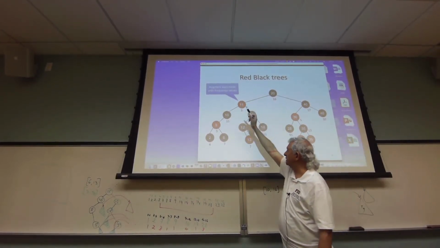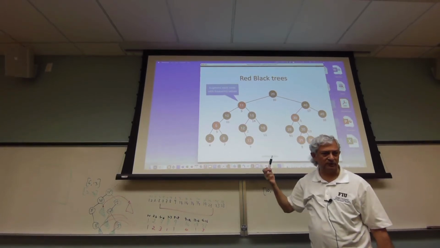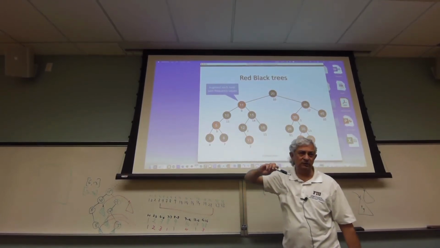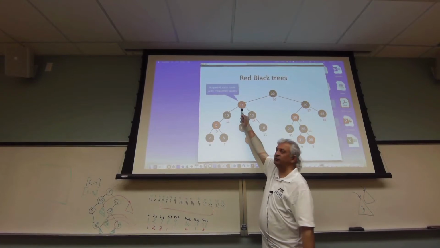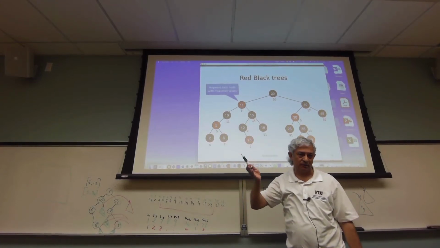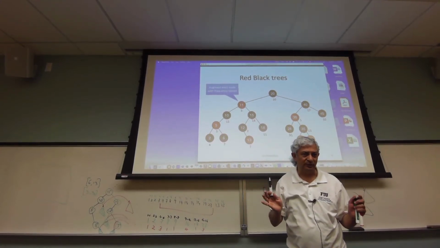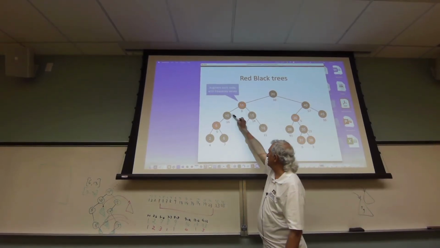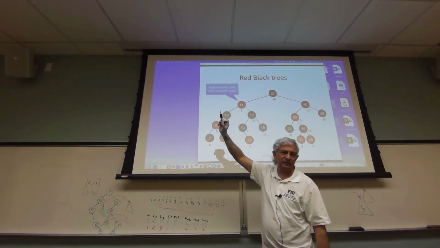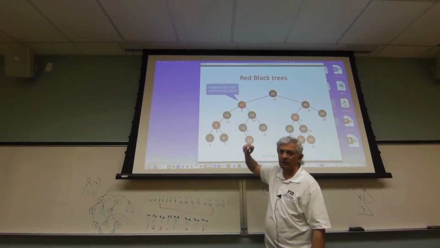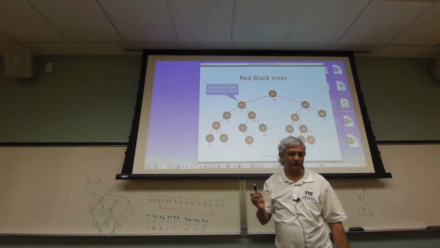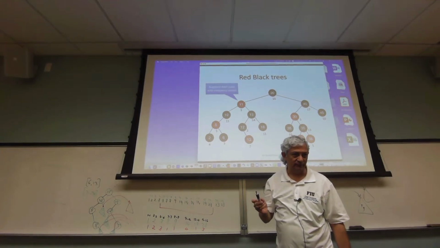I come down here, and 10 is on one side, 16 is on one side. So that's actually an interesting node. But all I need is the frequency of this guy that I have to keep track of. There is no subtree that I have to worry about. So I'm going to go down and look for 10, and I find it right there. So therefore, so far, the most frequent item is number 10, and its frequency is 11.